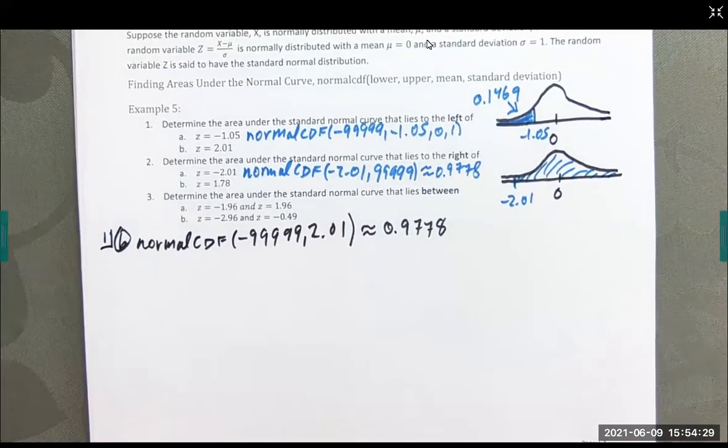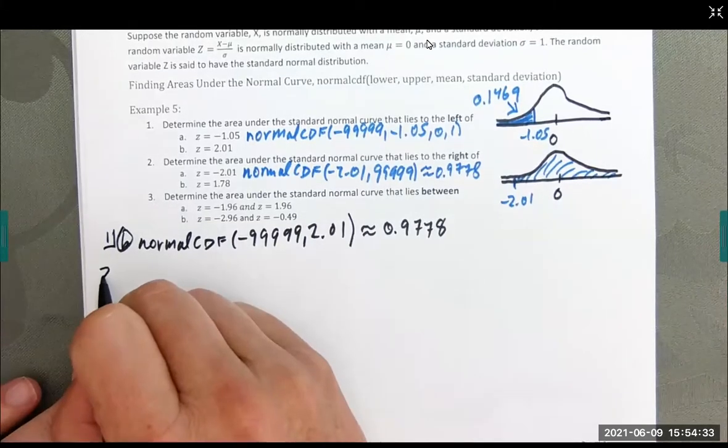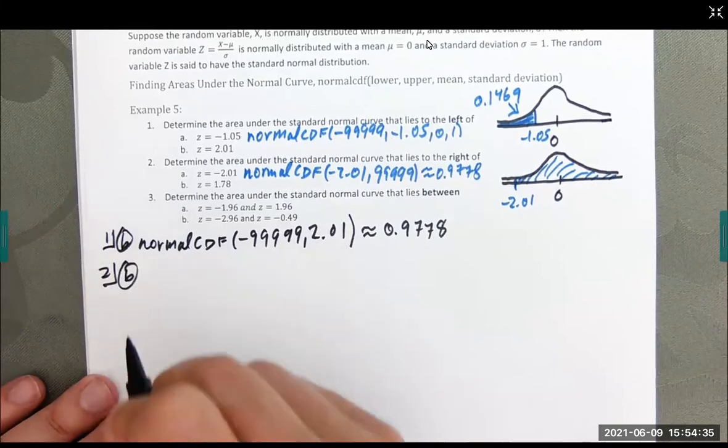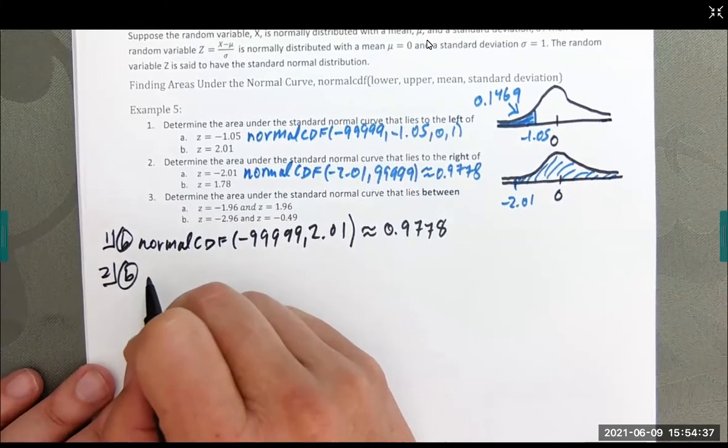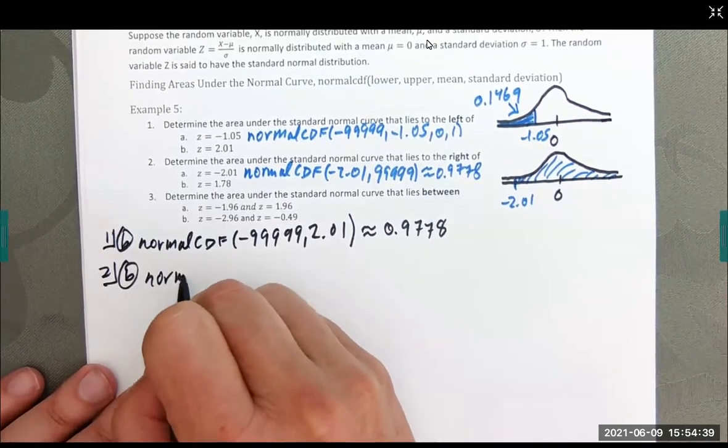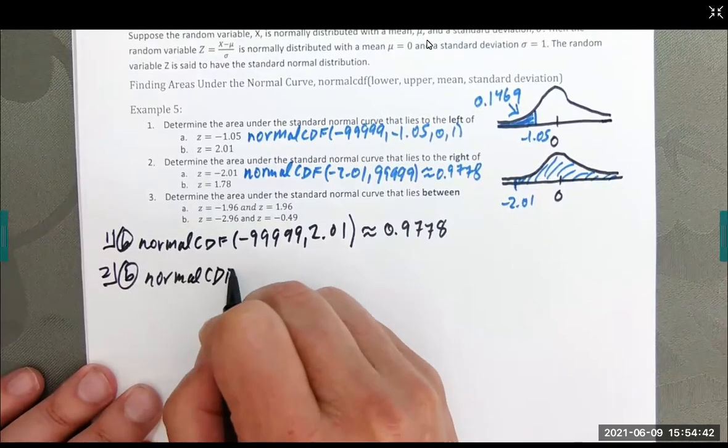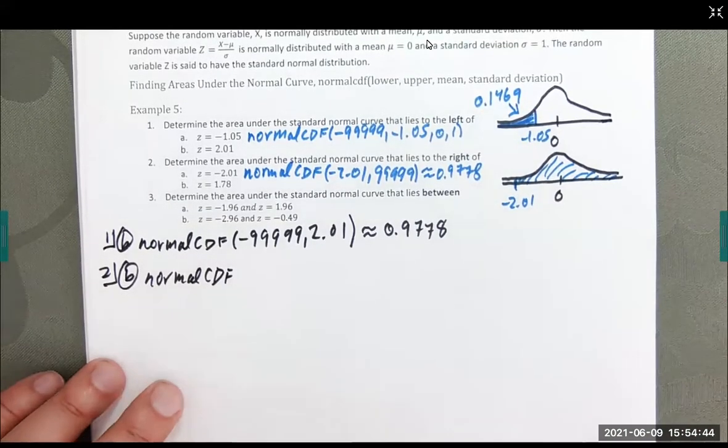Right, yeah. 2b is going to be similar. So area to the right, so a normal CDF. And if you need to draw the picture every time, draw the picture every time, that's fine.